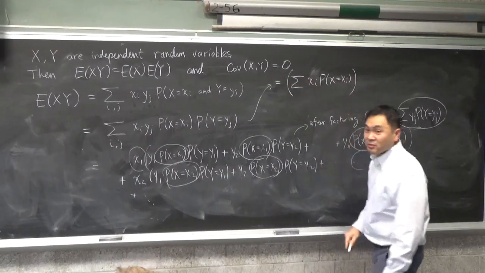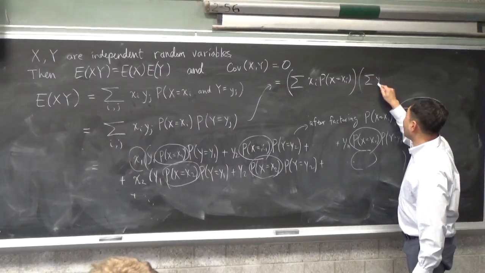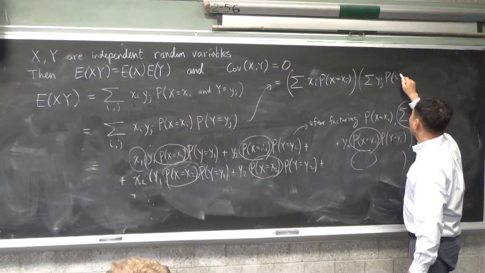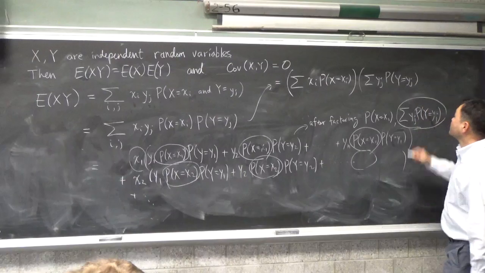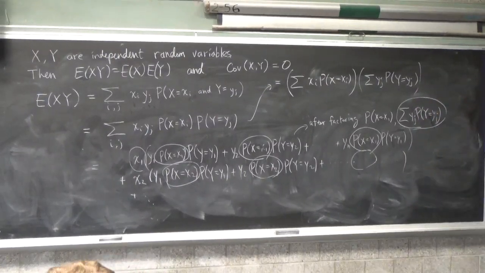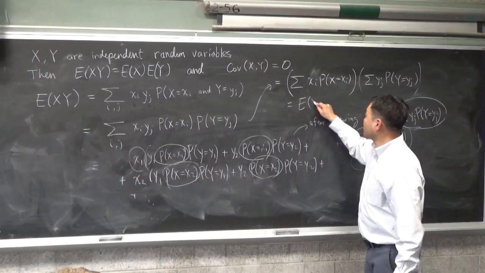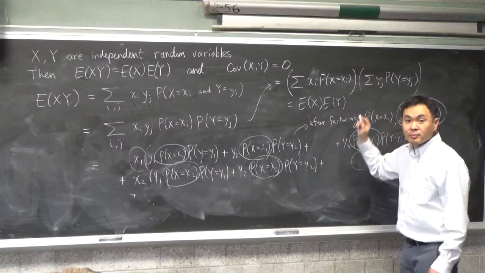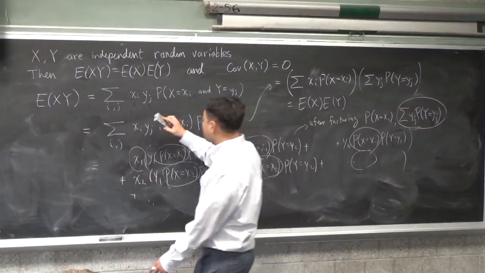This will be one factor, and the other factor will be the sum of yj P(Y = yj). So that's it. That's the proof. Because what is this? This is E[X]. What is this? This is E[Y]. All right, so that proves the first part.